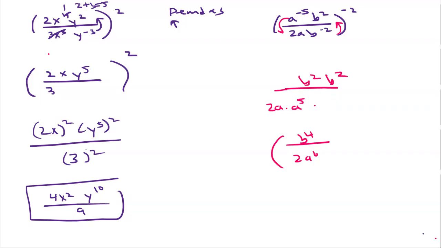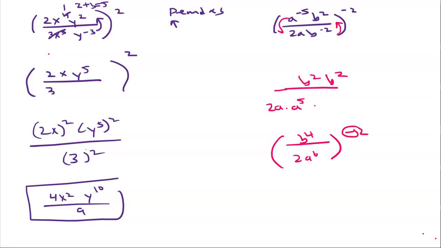All right. Then I can raise it to the power of negative 2. So now I can either distribute, or what I can do is, the negative means I can flip inside that parentheses.